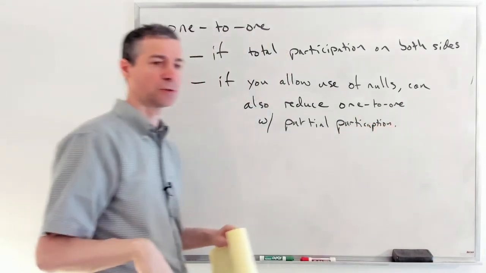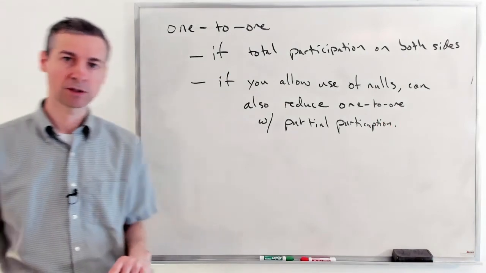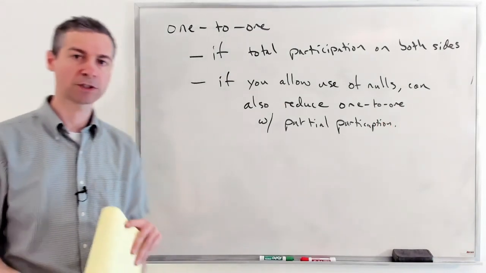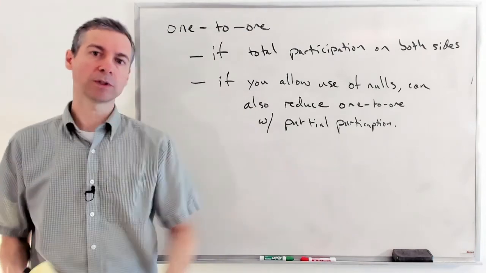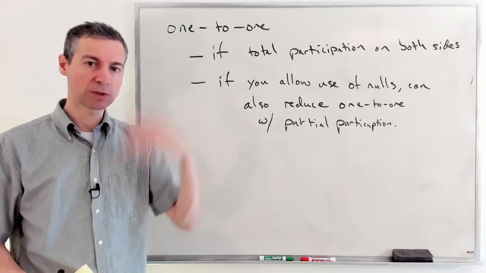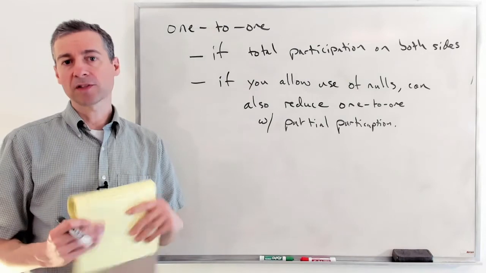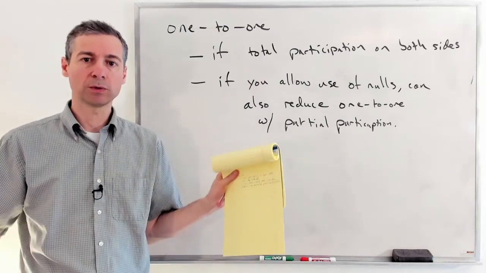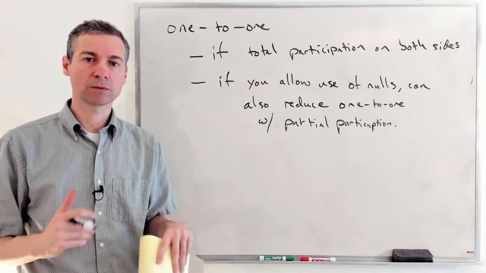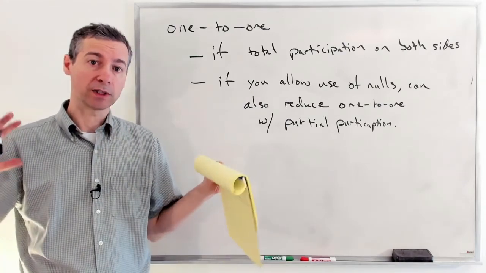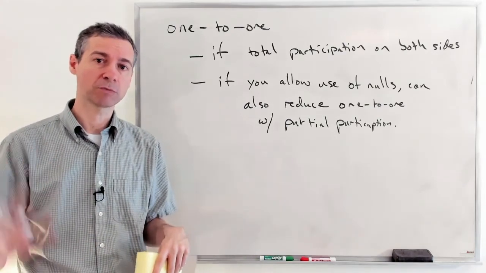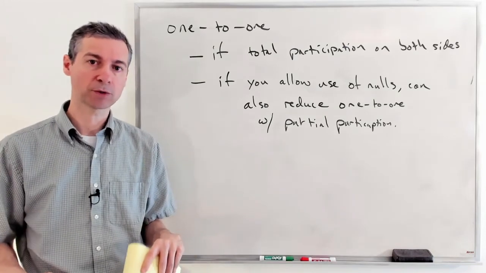In MSCI 245, when I'm looking at the entity relationship diagrams that you make, when you are told to convert them to schema, reduce them to schema, the only place that I'm looking for you to squeeze out and simplify the relationship set is going to be in situations where we have total participation.